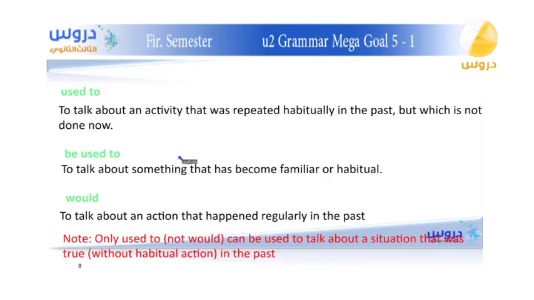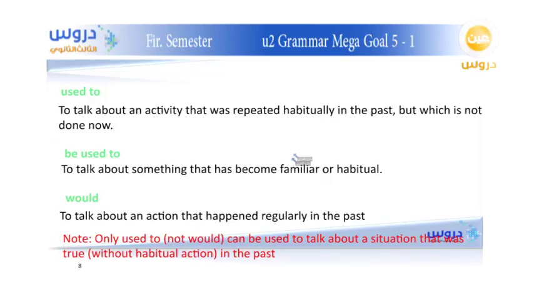So here are the definitions or the uses of used to. When do you use used to? To talk about an activity that was repeated habitually in the past, but which is not done now. So something you used to do in the past, but now you don't anymore. And here with be used to, to talk about something that has become familiar or habitual.